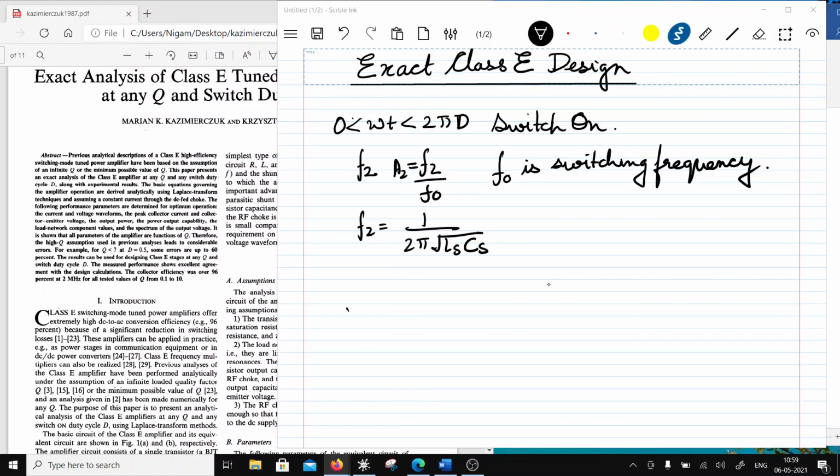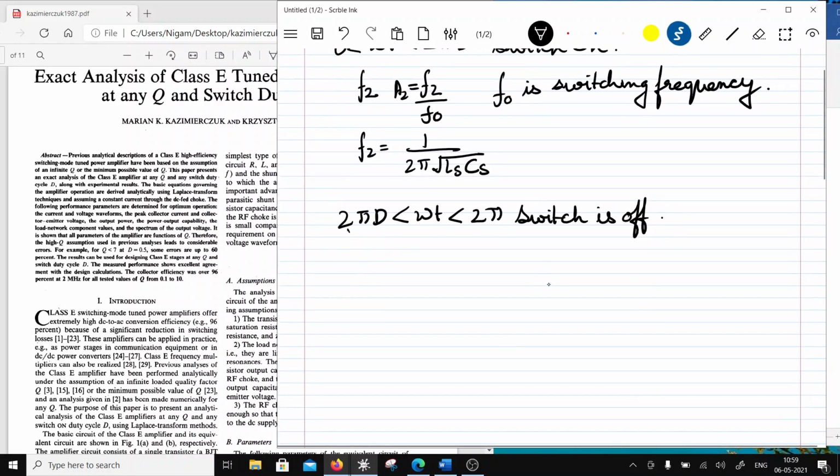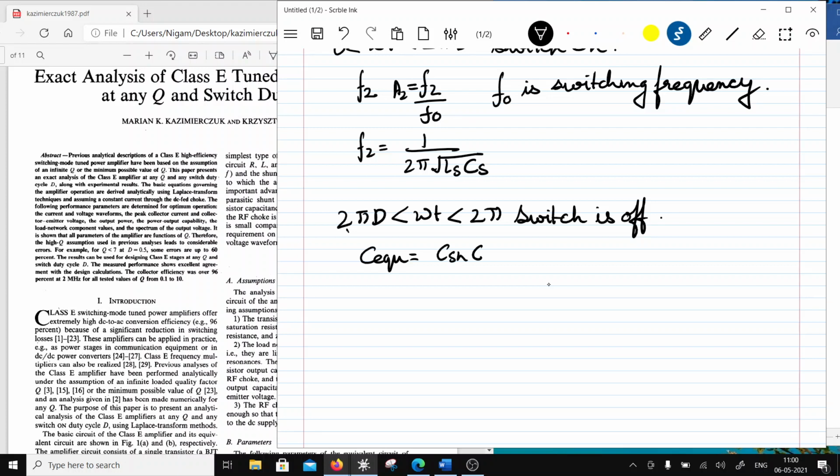Now for a duration between 2 pi d and 2 pi, the switch is off. In this case the equivalent capacitance is going to be equal to CSH times CS divided by CSH plus CS.